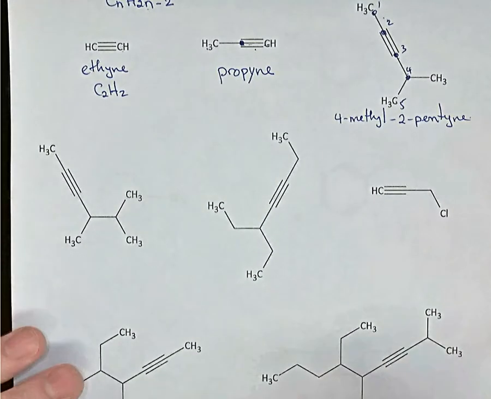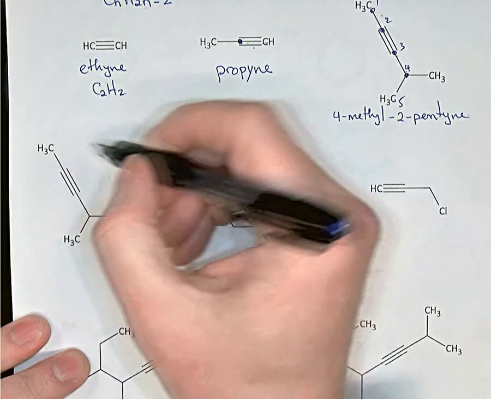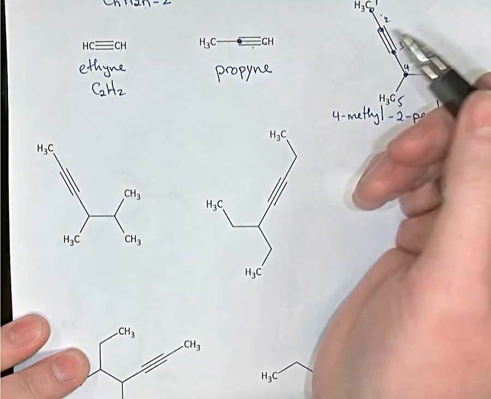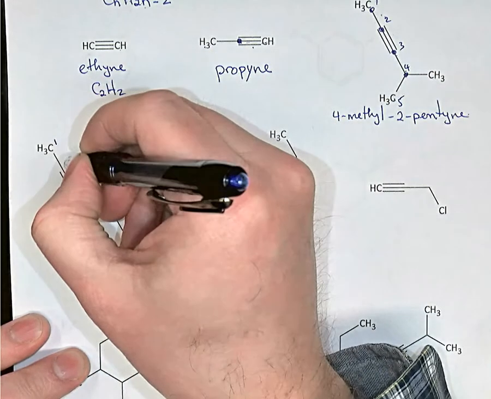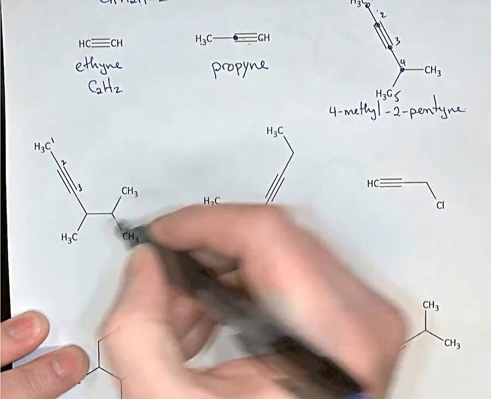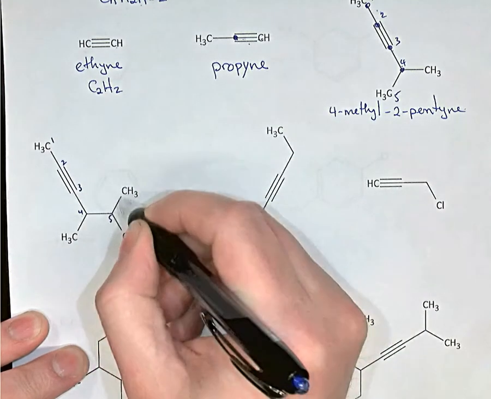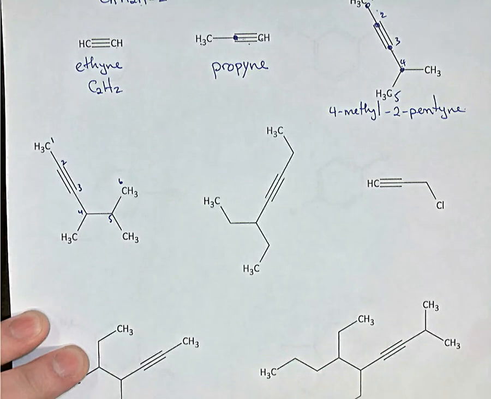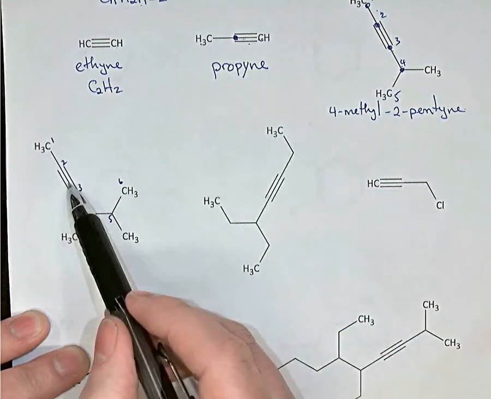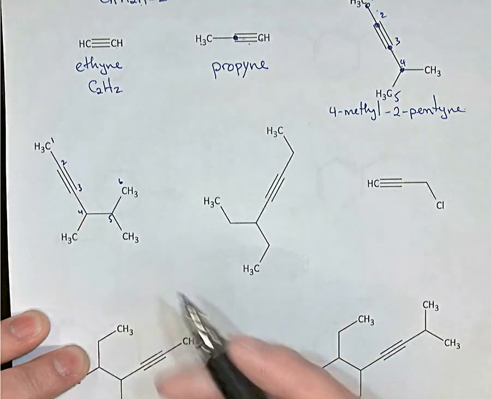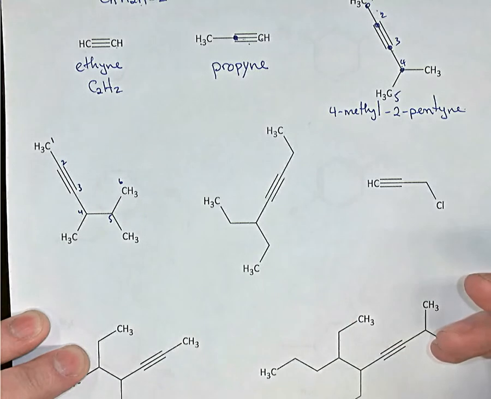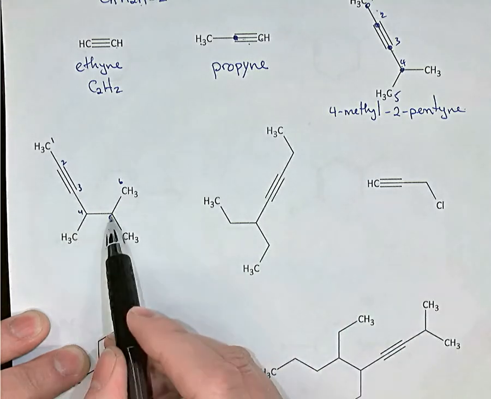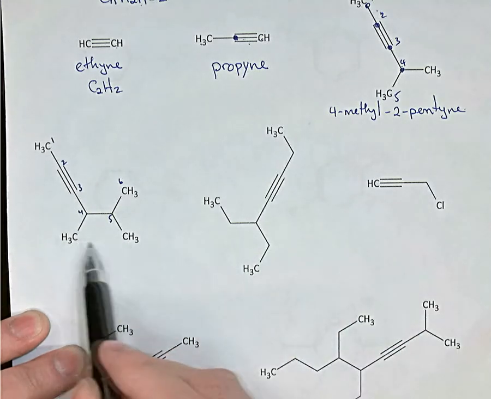The next example, we start numbering from the end closest to the triple bond, so carbon 1, carbon 2, carbon 3, carbon 4, 5, 6. So this is a hexyne. It's the second bond, which is the triple bond, so this is 2-hexyne. And on carbon 4 and carbon 5, there are methyl branches.